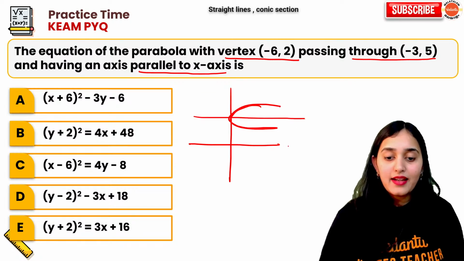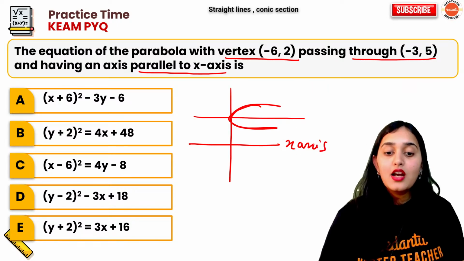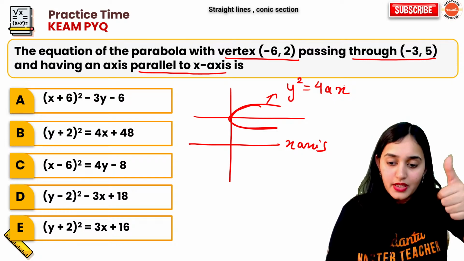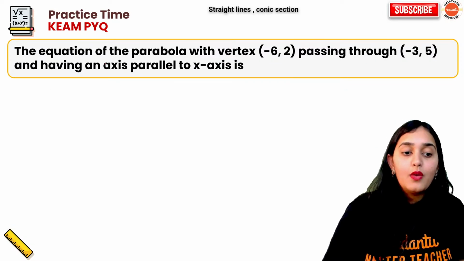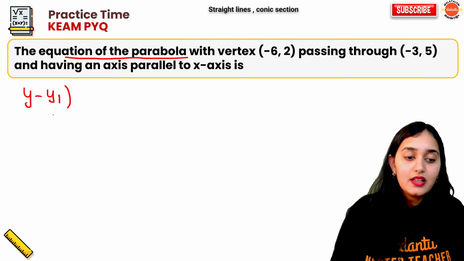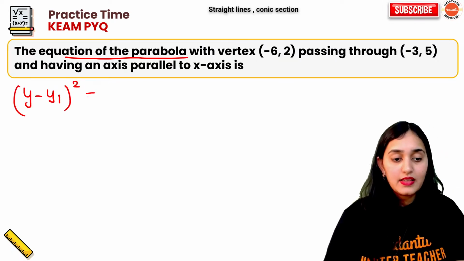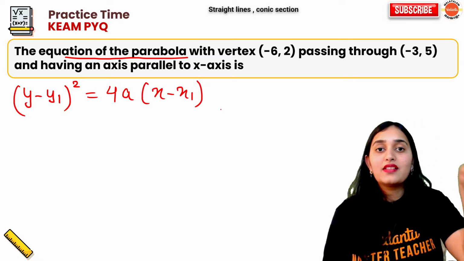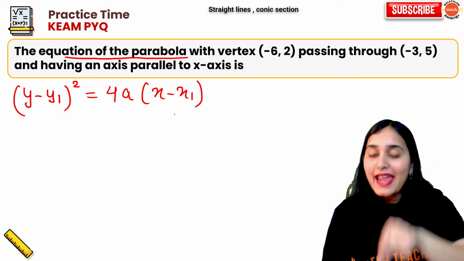Then only it is parallel to the x-axis, right? So, the equation of the parabola will be y square is equal to 4ax. That is confirmed. Next. What will be the equation of the parabola? y minus y1 whole square is equal to 4a into x minus x1.